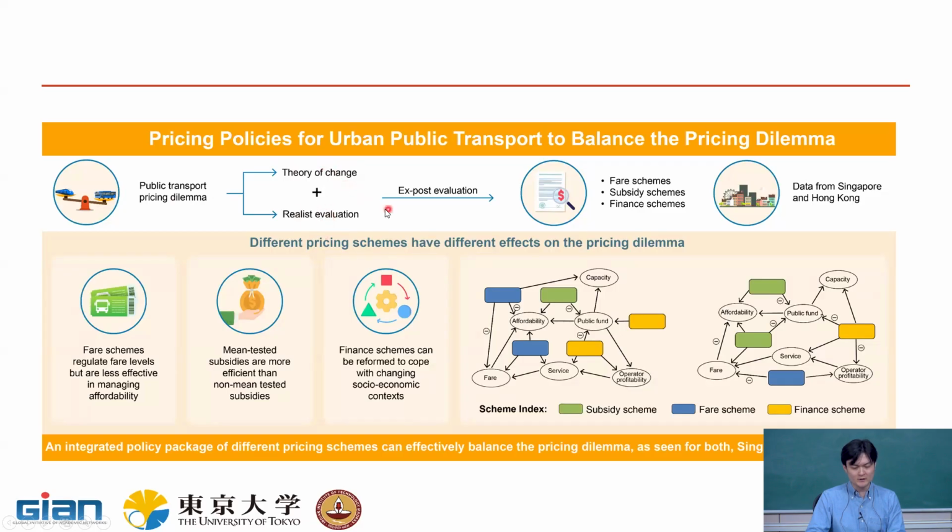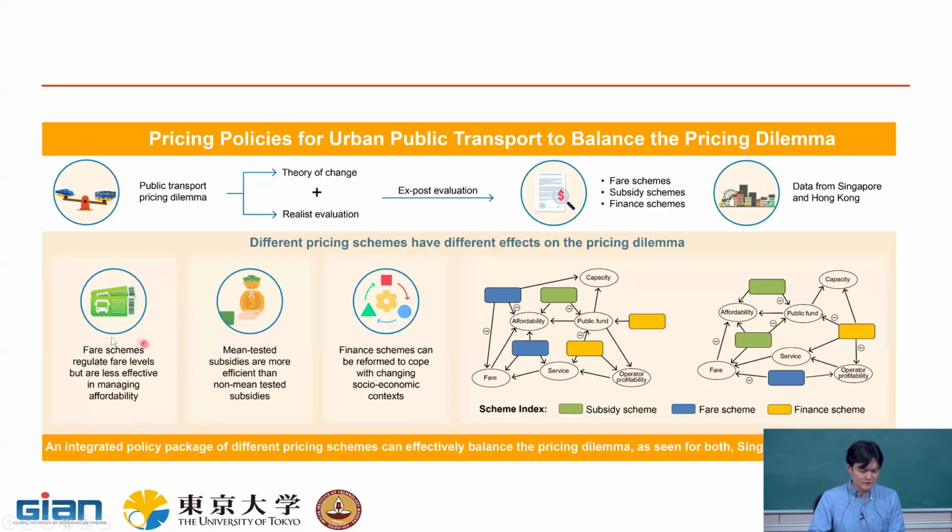We combined it with the realist evaluation to create a systems diagram to evaluate fare schemes and subsidy schemes and finance schemes that were implemented differently in two cities, using data from Singapore and Hong Kong to see what kind of impact each of these schemes had on either operator profitability or user affordability, and just saw everything kind of interacting very nicely within the system.